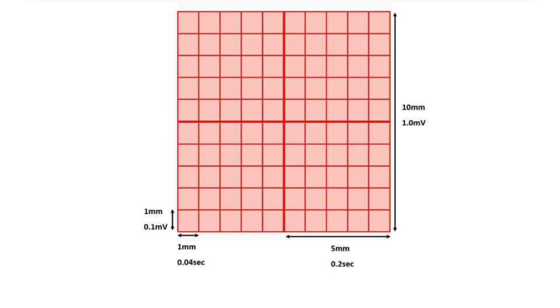So one large square would make 0.2 seconds, because it is made of 5 horizontal squares. 5 multiplied by 0.04 will make 0.2 seconds, and it will represent 0.5 millivolt, because it is made of 5 vertical small squares. 5 multiplied by 0.1 gives us 0.5 millivolt.